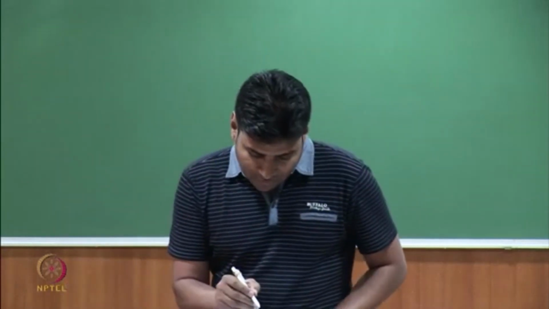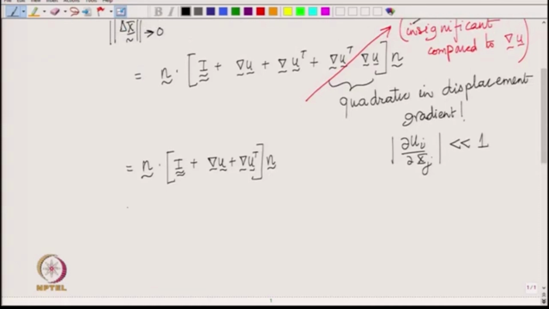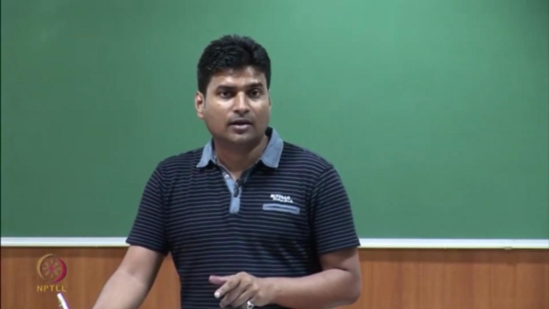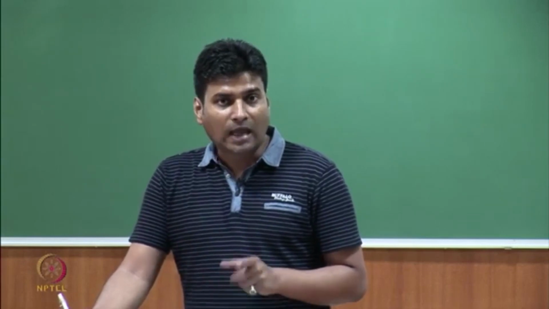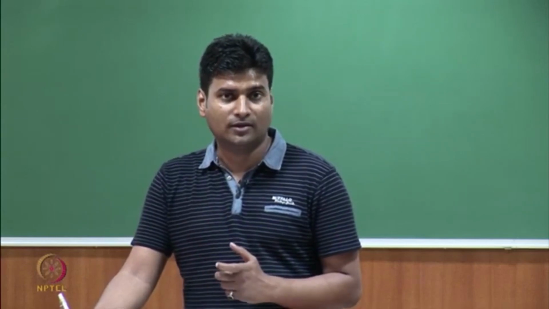Okay. All right. So, finally, what we have is n dot identity plus grad u transpose into n, and you can make it even nicer. So, this is basically, you see the first term n dot identity times the normal vector n, the direction n is simply n, and then n dot n gives you 1, because the direction is of unit magnitude, n is a unit vector.